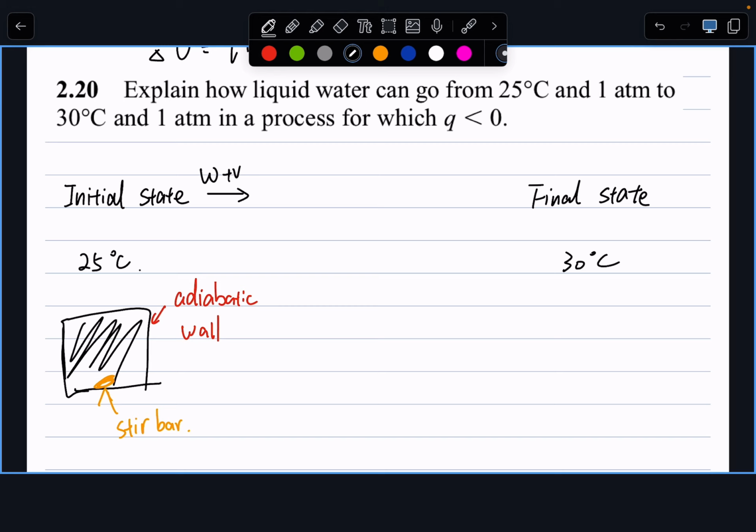So work is positive and Q equals 0. Q equals 0 tells us my system is separated from the surroundings by an adiabatic wall, so no heat transfer can take place. But my stir bar is continuously doing work on my system, so the temperature must go up.